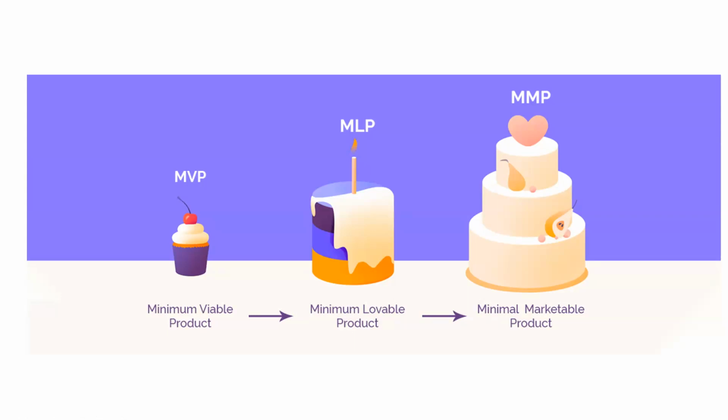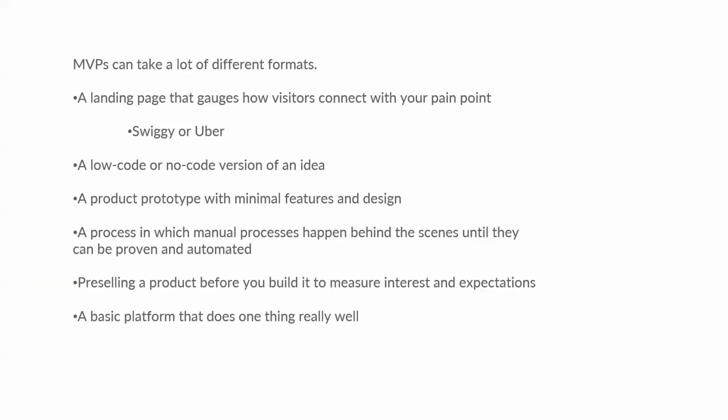So we are not going to develop the full product here. It is just going to be a smaller version, something like a landing page that gauges how visitors connect with your pain point. If you take Swiggy or Uber, before delivering everything, compare today's app with the early version of the app which was released some years back.